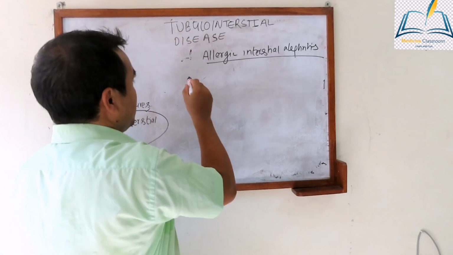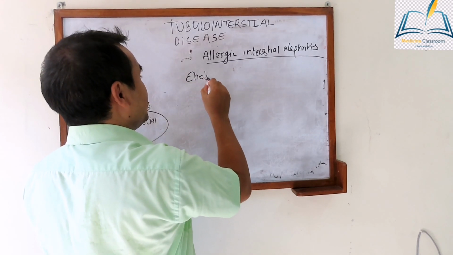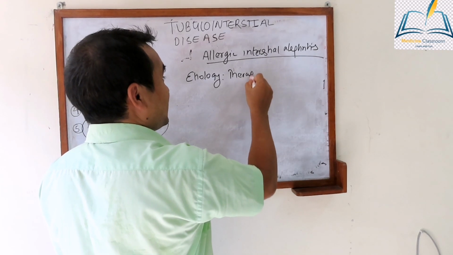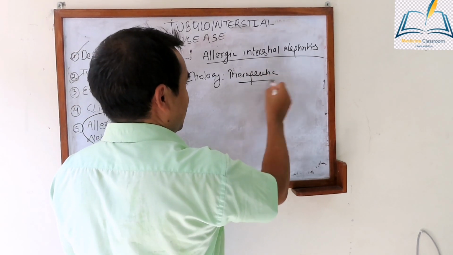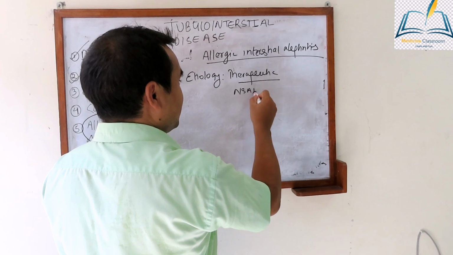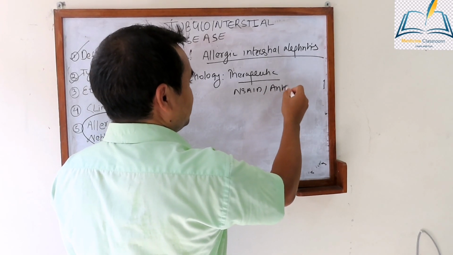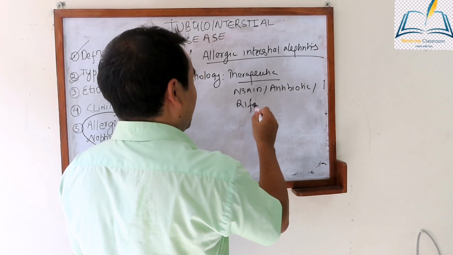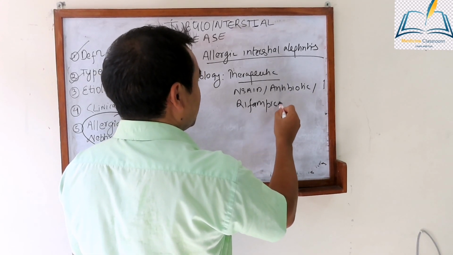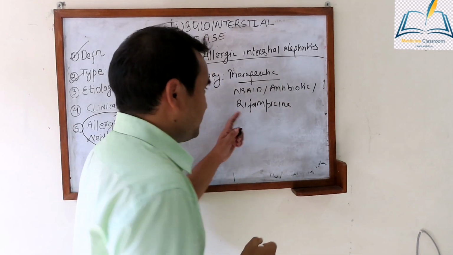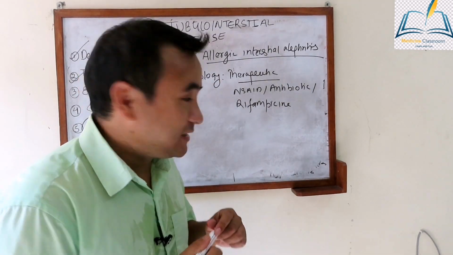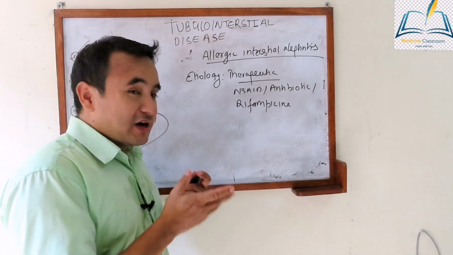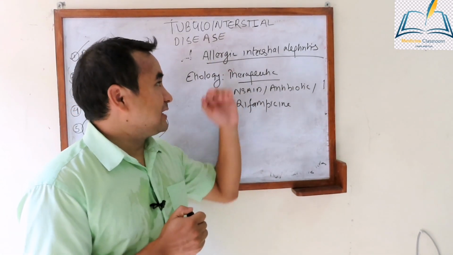The important causes are therapeutic agents like NSAIDs and antibiotics like fluoroquinolones and rifampicin. I have seen so many cases of allergic interstitial nephritis because of NSAIDs, antibiotics, and rifampicin. So these are the important causes.